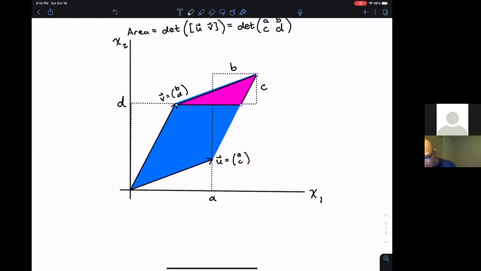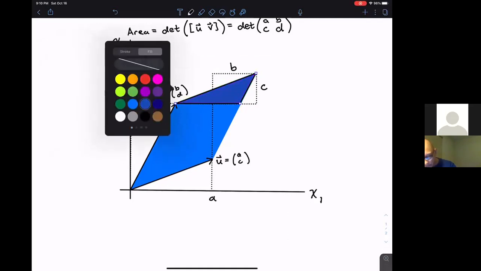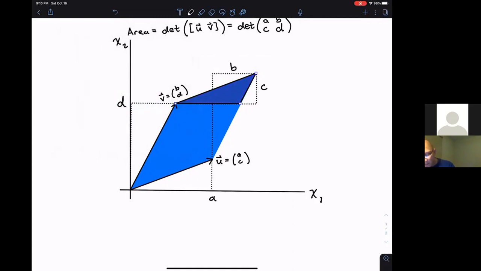If I did an okay job, okay. I'm going to make this a slightly darker blue, just so we remember where it came from. This piece of the parallelogram, I'm going to drag and put right here. You see, it's a perfect little match. Wonderful.